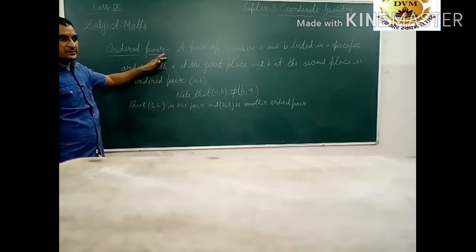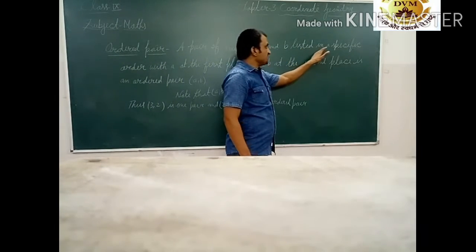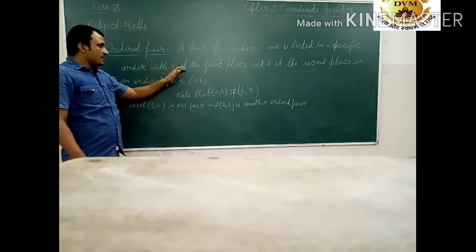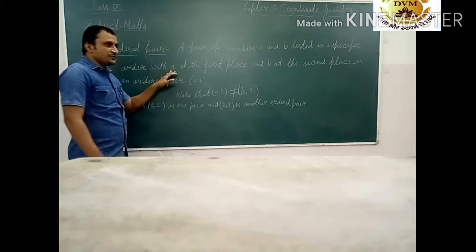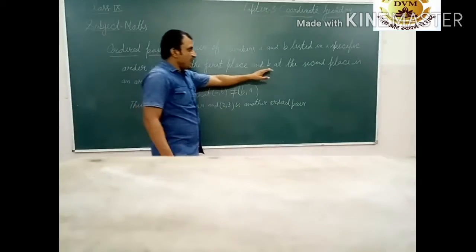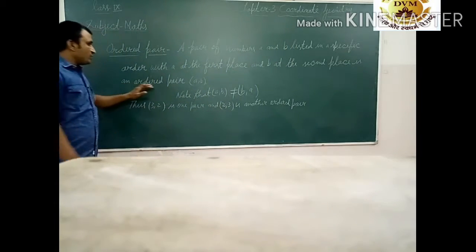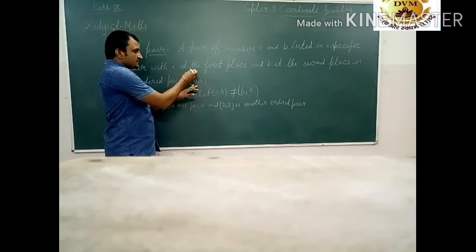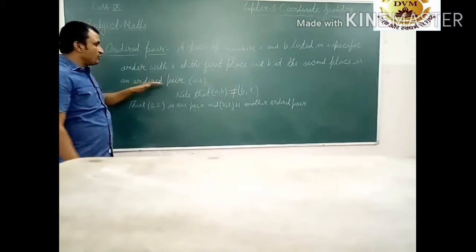What is an ordered pair? A pair of numbers a and b listed in a specific order, with a at the first place and b at the second place, is an ordered pair.